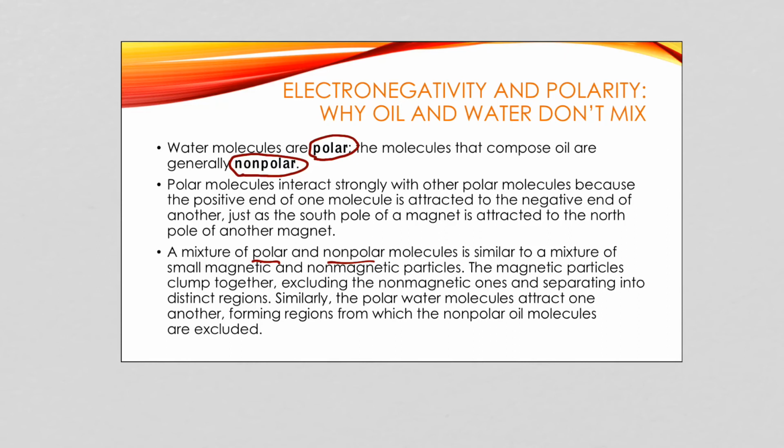And so this is kind of like taking a mixture of some magnets that will attract each other and mixing them with some non-magnetic particles. These things will not stick to each other. They won't mix. In fact, they'll repel each other. All the magnetic ones will try to stick to each other and exclude the non-magnetic particles.